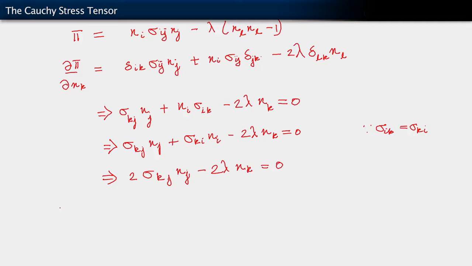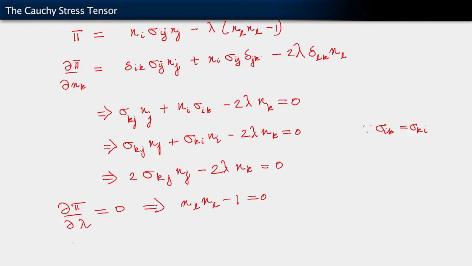The second condition is the partial of pi with respect to lambda equals 0, which, recalling what pi is at the top of the slide, gives us essentially n_l n_l minus 1 equals 0, which imposes the magnitude condition. It imposes the constraint.